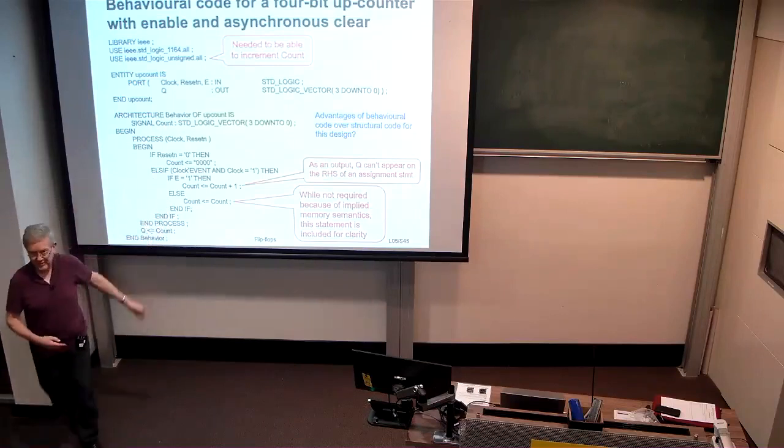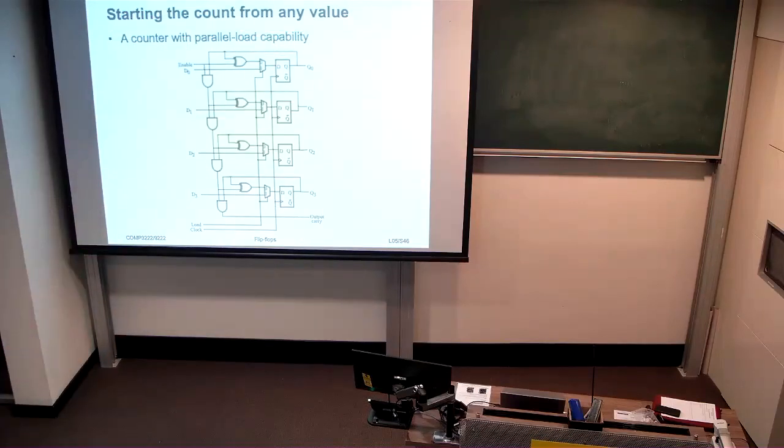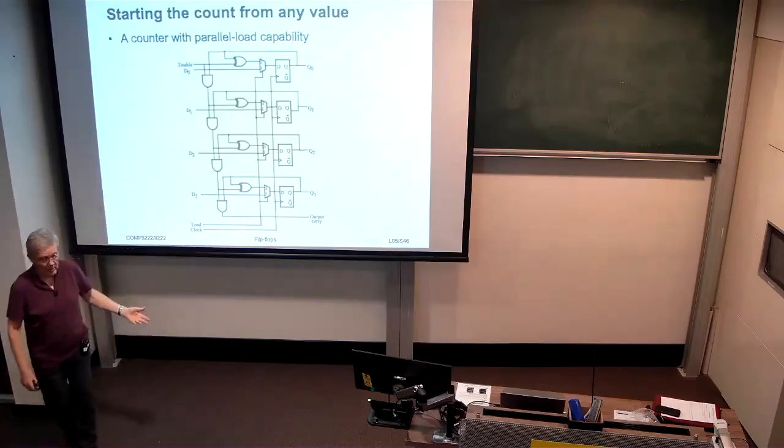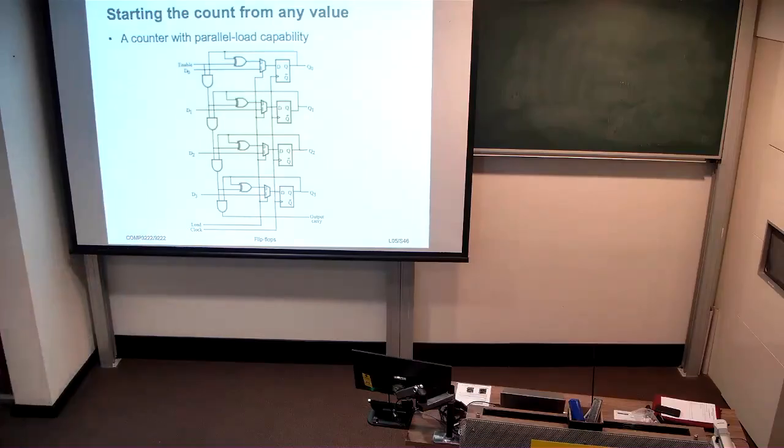Not a mux. Okay. Now, you won't necessarily always want to start a counter from 0. This design with a mux in front of the exclusive OR gate allows us to load a value, the D values in here, in parallel when the load signal is asserted, or when load is not asserted, but enable is asserted, allows us to count up from whatever the current value is.